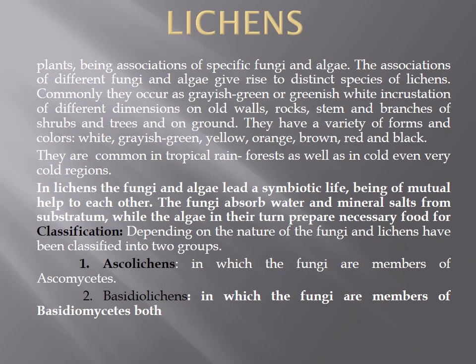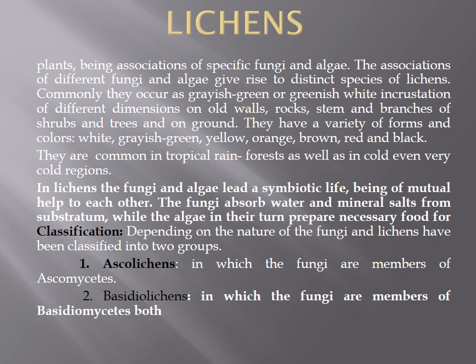The fungi and algae of lichens lead a symbiotic life, a cooperative life, being of mutual help to each other. The fungi absorb water and mineral salts from the substratum, while the algae in their turn prepare necessary food for them.